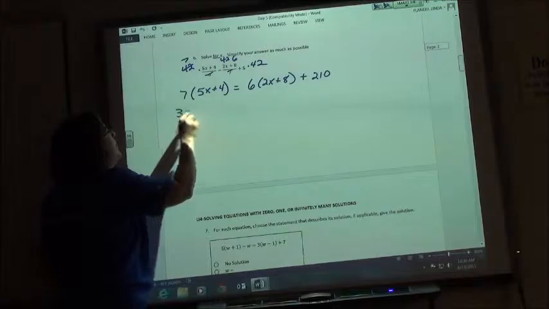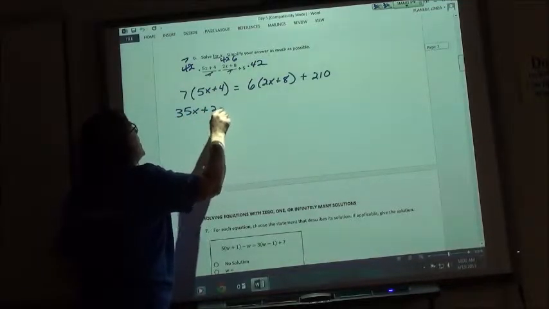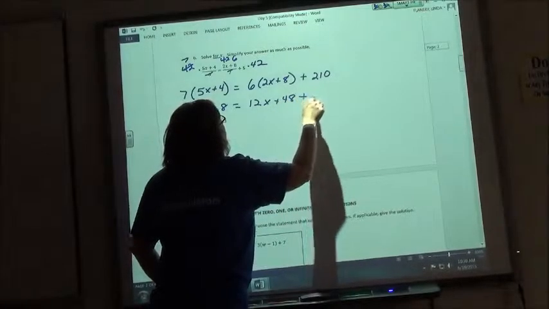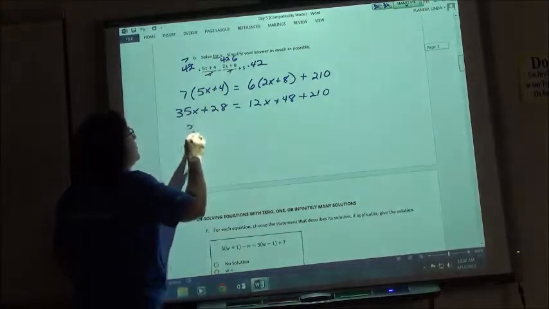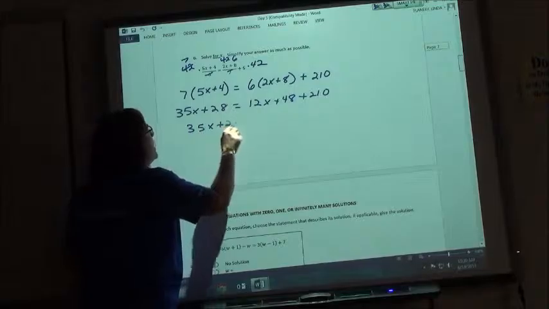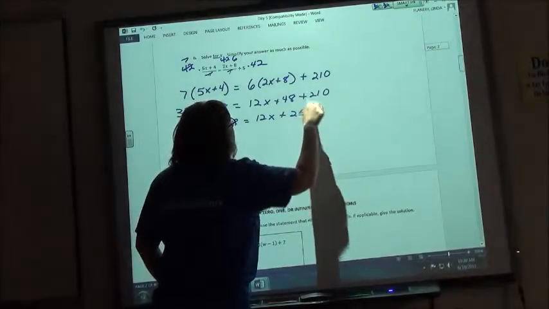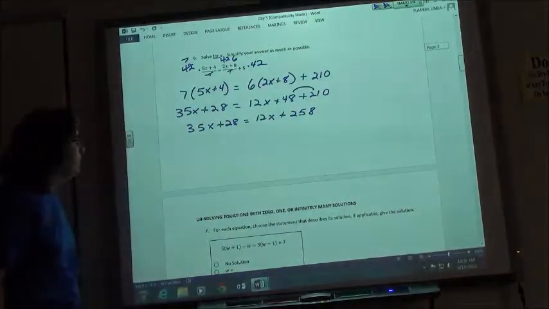So 35x plus 28 is going to equal 12x plus 48 plus 210. So 35x plus 28 equals 12x plus 258 when I combine my like terms there.